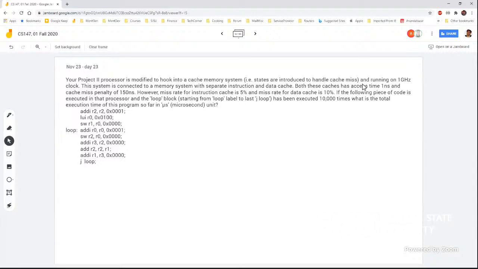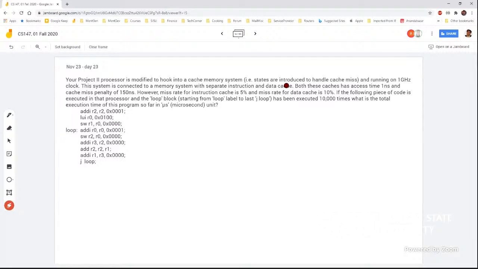Now this system is connected to a memory system with a separate instruction cache and data cache. So these are the two main points: it is not one single cache, but we are differentiating data cache and instruction cache.